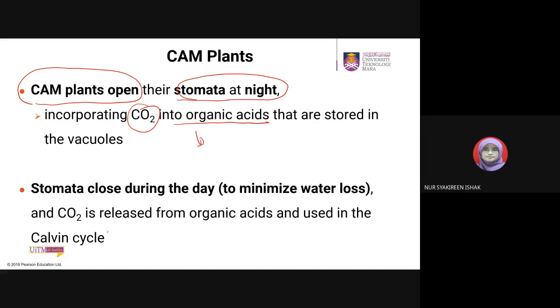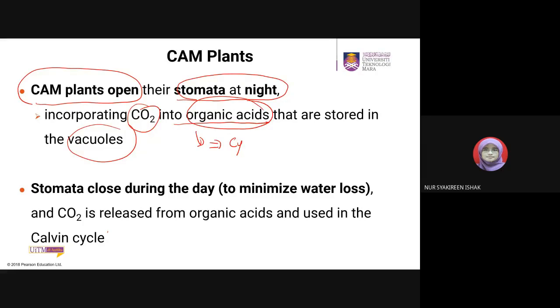The reaction is the same as the C4 pathway. Carbon dioxide combines with PEP to become oxaloacetate, then malate. Cuma malate akan convert jadi organic acid, which is malic acid, stored in the vacuole. That is what happens during night time.